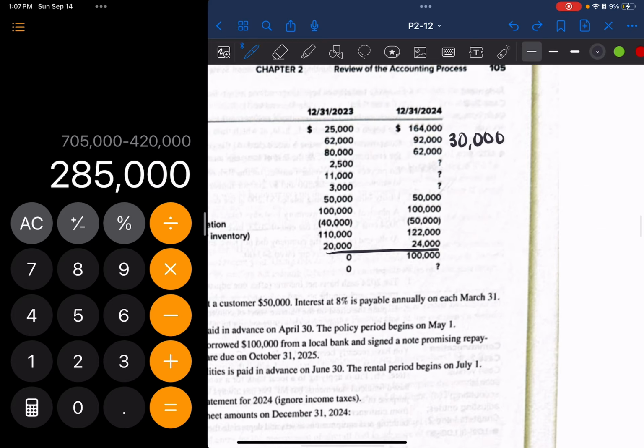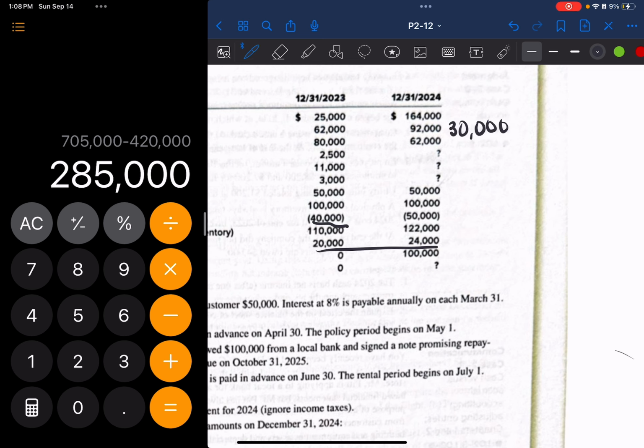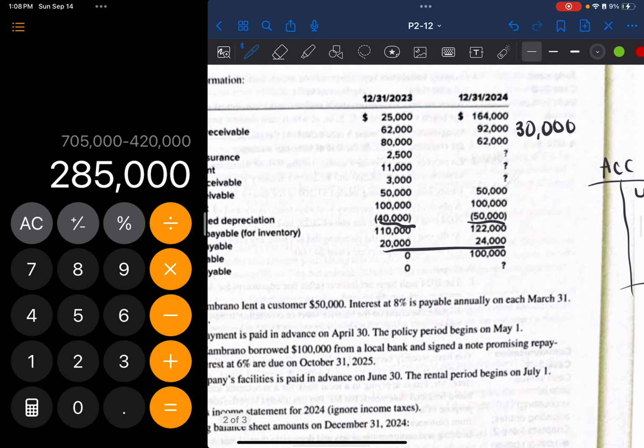Depreciation's sort of given to us if we look at the T account. We're given accumulated depreciation beginning balance was 40,000 and ending balance was 50,000. So basically accumulated depreciation's a contra account. So that's why it's in parentheses. So it would have a credit balance. It's contra to equipment.